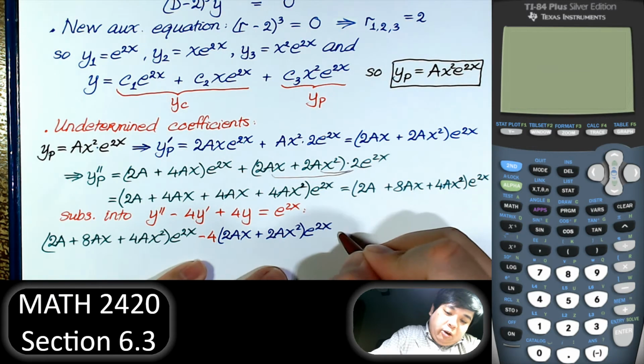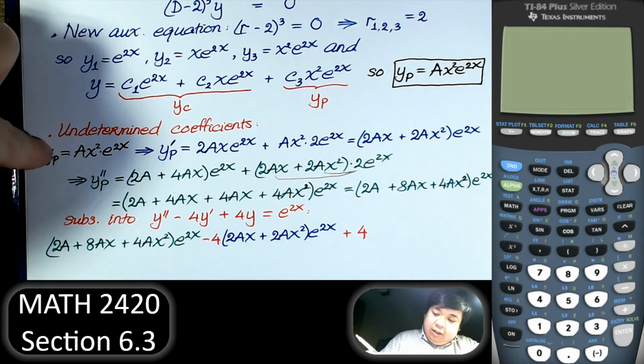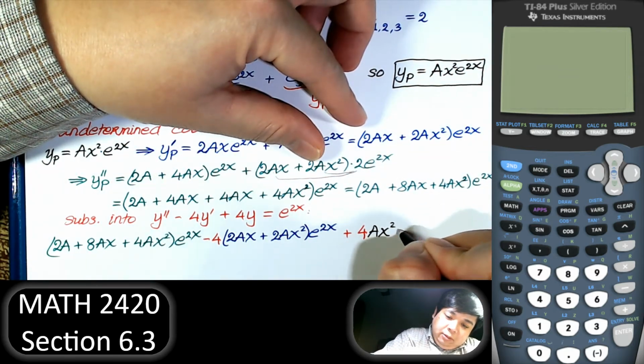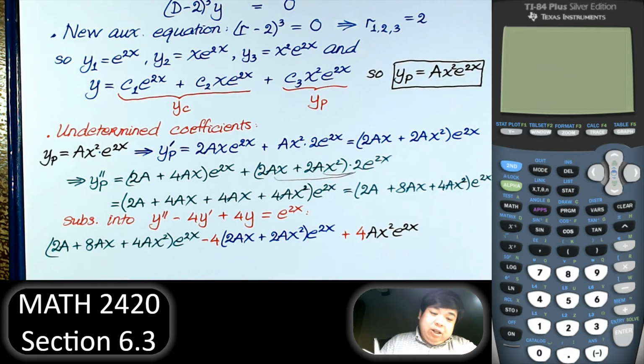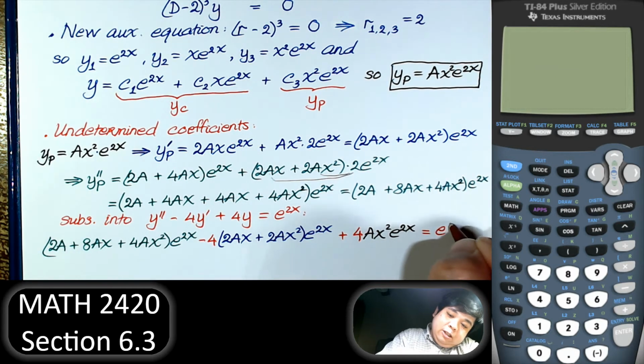And then plus 4 times the function, all of that will equal the right hand side, e to the 2x.